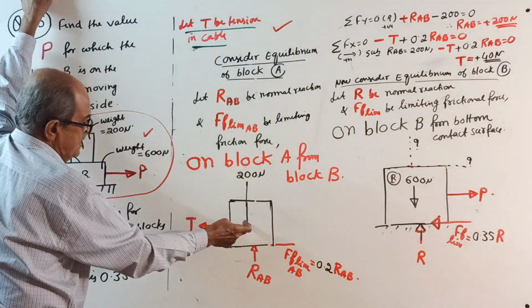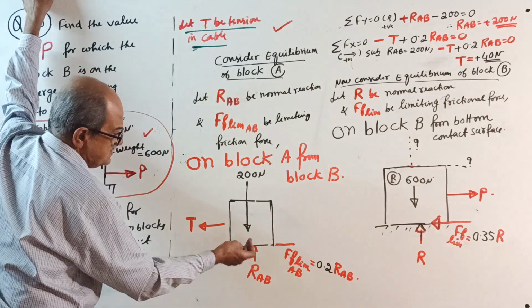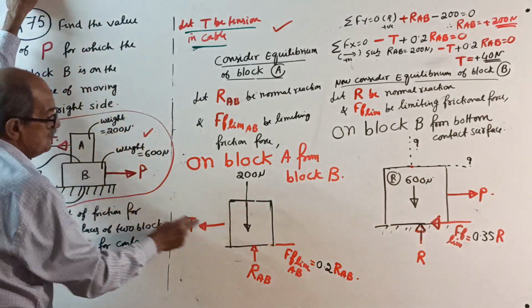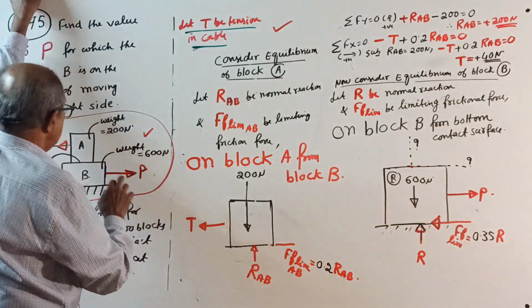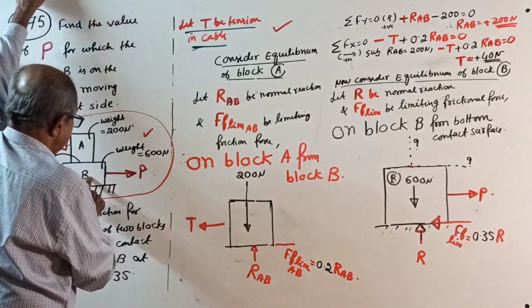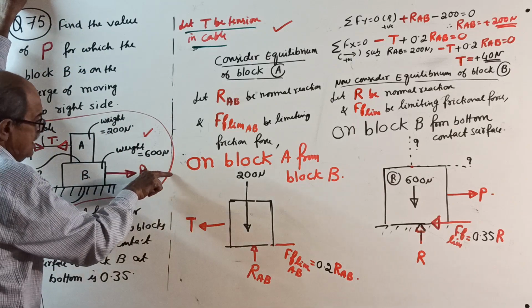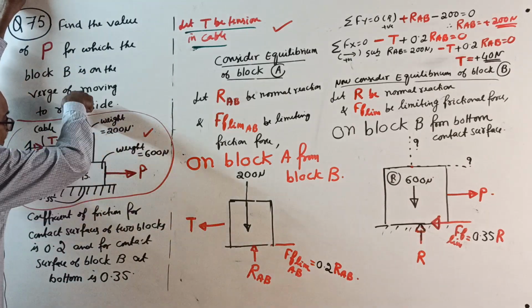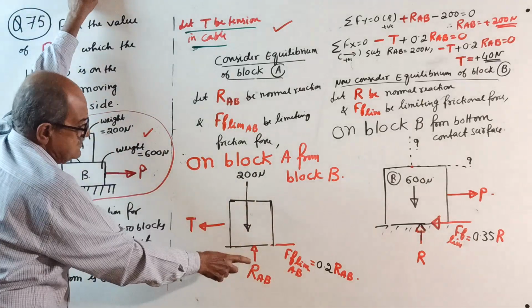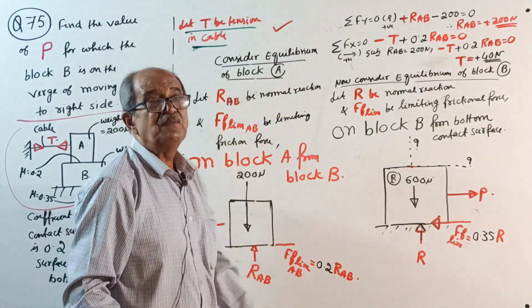If I take block A, there are tension and reaction, two unknowns, and friction is in terms of reaction. If I take block B, then P, this reaction and this vertical force act, the reverse of this one, as contact surface forces.